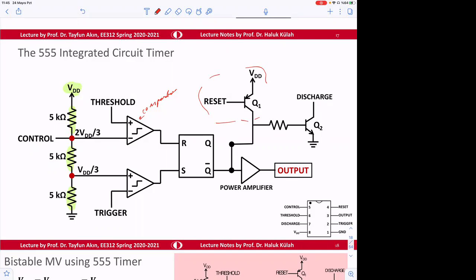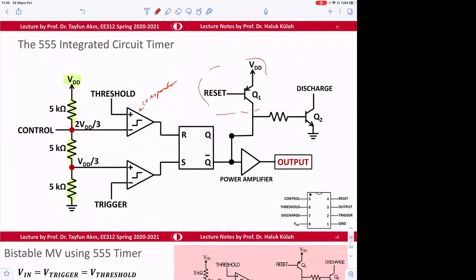Then there is an output signal after a power amplifier.